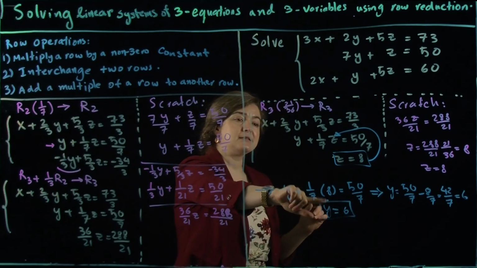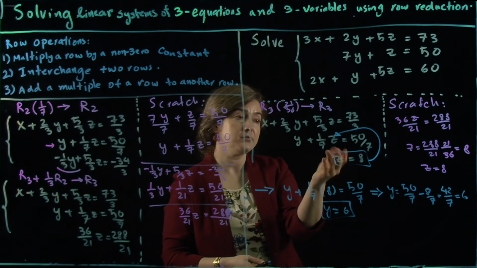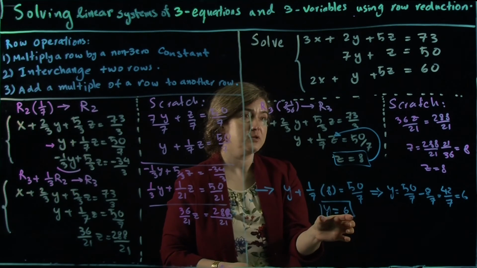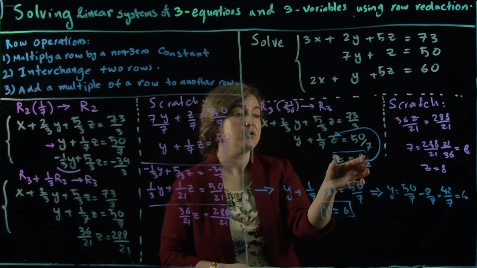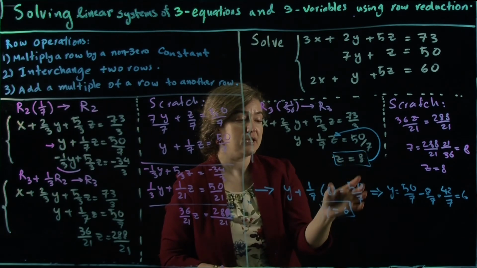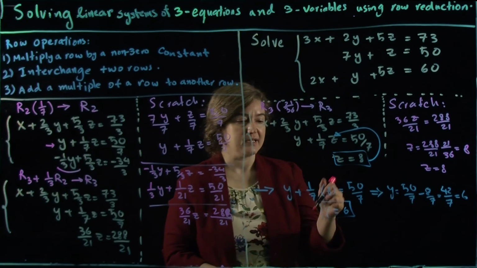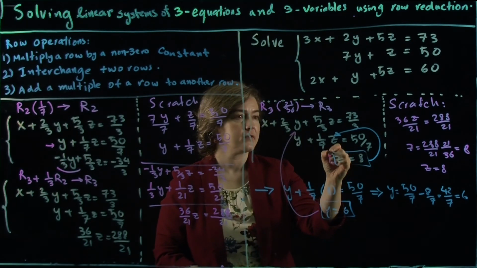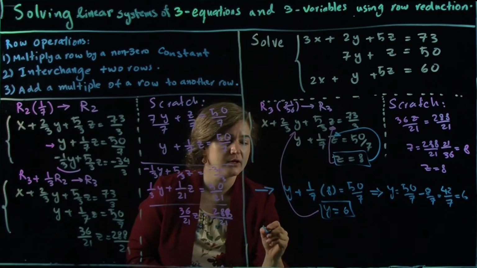Now replace. If you notice, we started from the bottom. We went back. We replaced z, then we found y, and now we should use z and y in the first equation to find x. So this goes in here, this goes in here, and we solve for x.